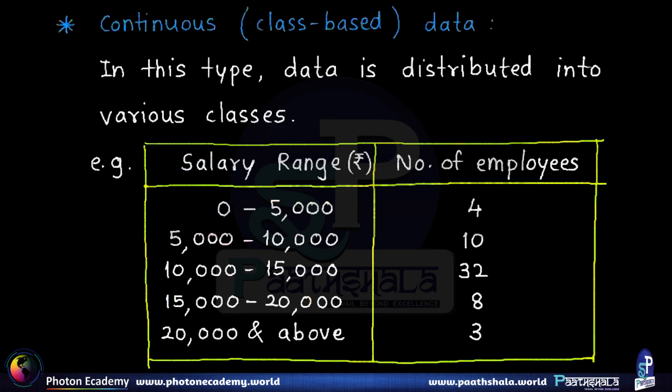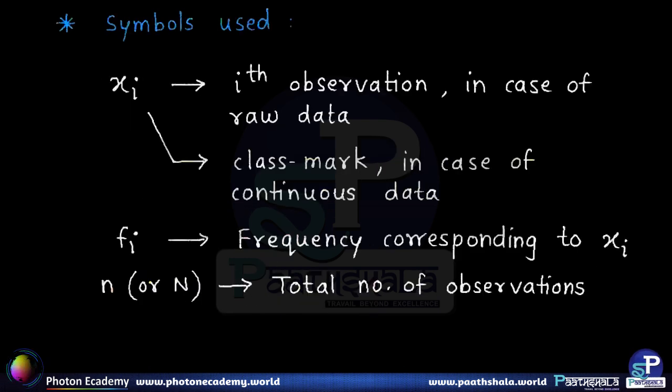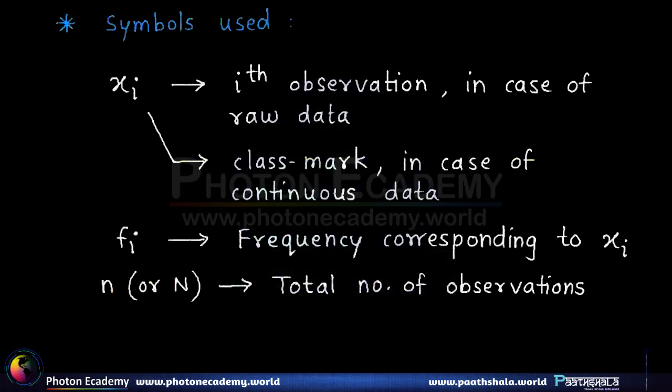Now let's see some of the symbols and terminologies used. Xi stands for the ith observation in case of raw data, whereas in case of continuous data it stands for the class mark, that is the midpoint of the class, which can be obtained by the simple average of the lower and upper limit of the class.